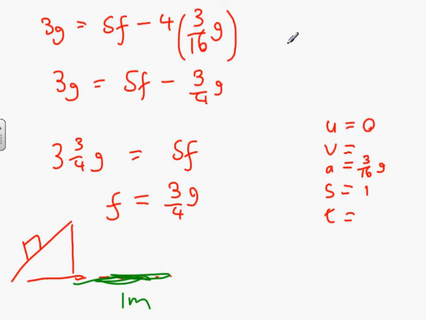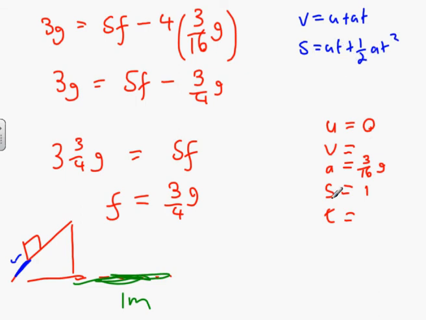In that time, the particle might cover the blue distance, slipping down the face of the wedge, while the wedge is still traveling forward. Okay, so what we need to find out is time. So we have a choice of v equals u plus at, s equals ut plus a half at squared. That's your winner right there.